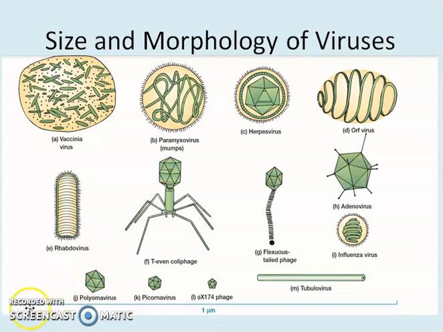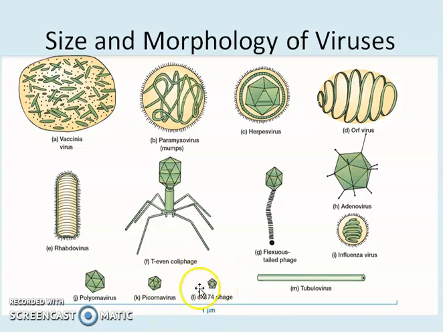This is a scale of 1 micrometer. You can see different types of viruses with different sizes. The vaccinia virus is the largest virus, almost equivalent to the smallest bacteria, mycoplasma. The smallest viruses include the picornavirus, the poliovirus family, and also bacteriophages.